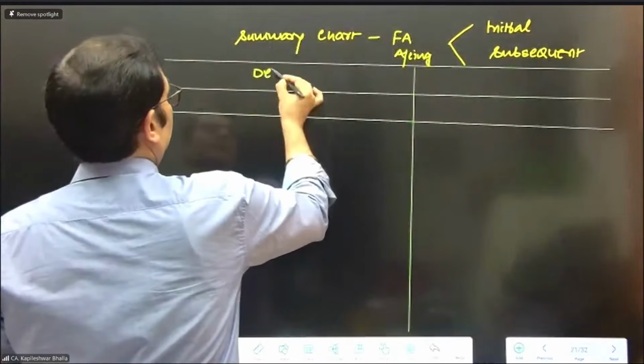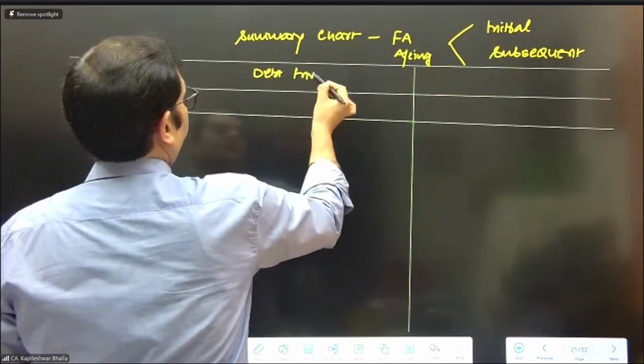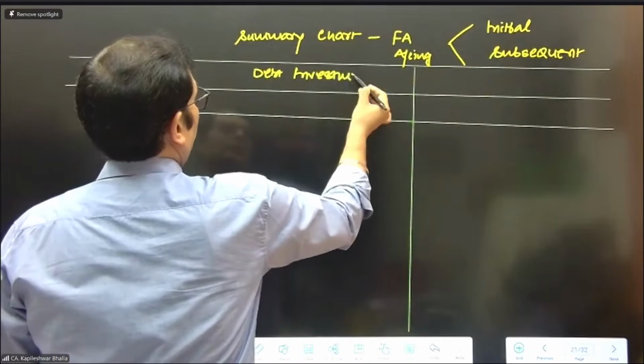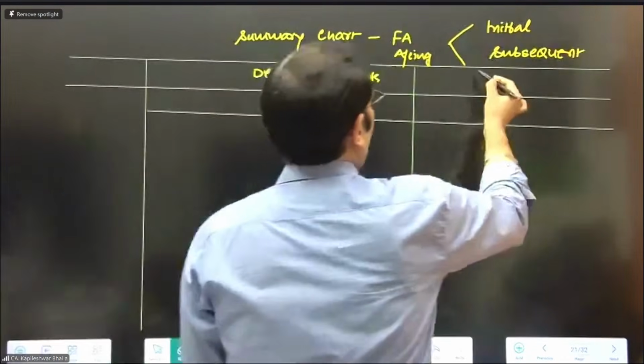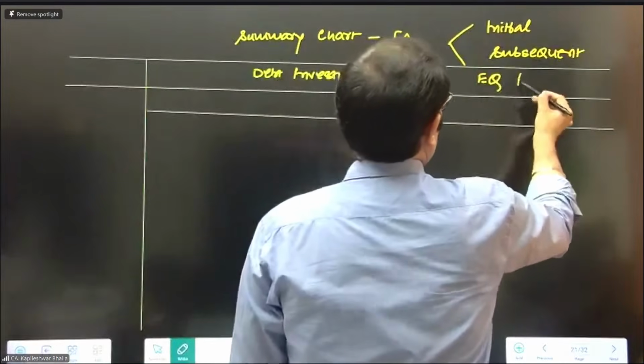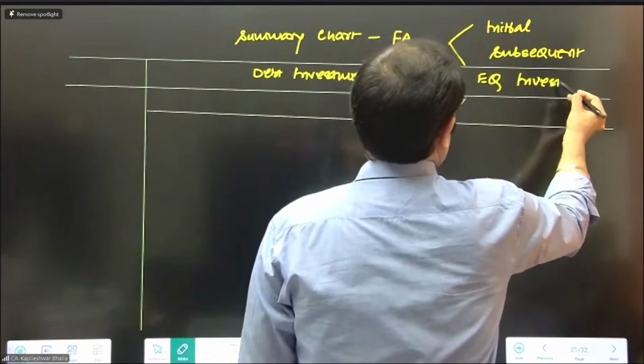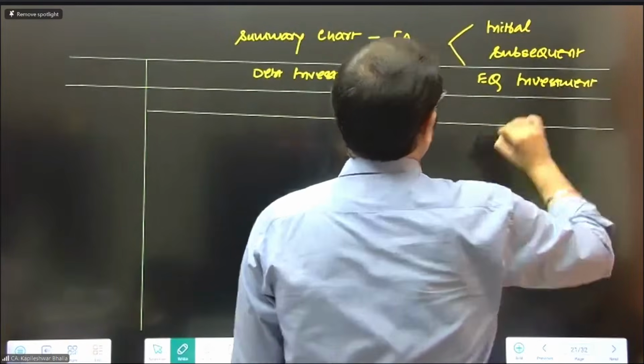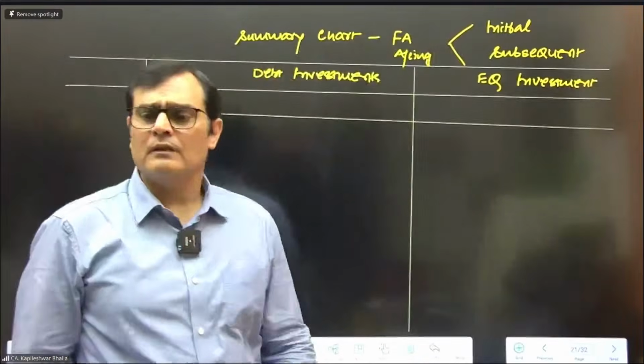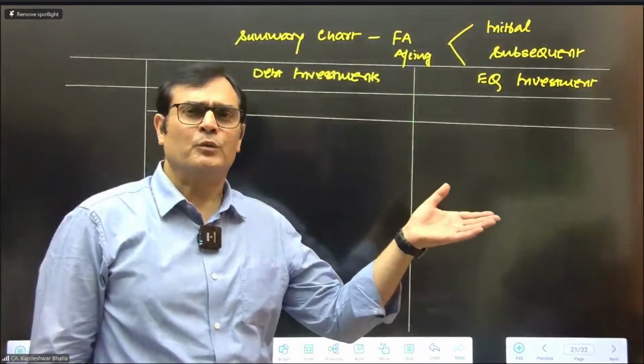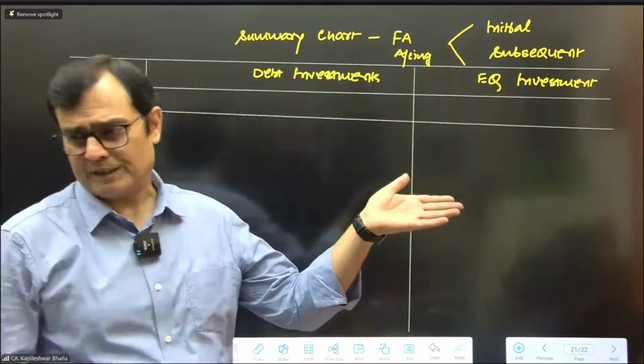So I am taking debt investments as one block. I'm taking equity investments as another block. I'm not taking derivative investments because derivative investments are taken at FVTPL, so no rocket science in that.